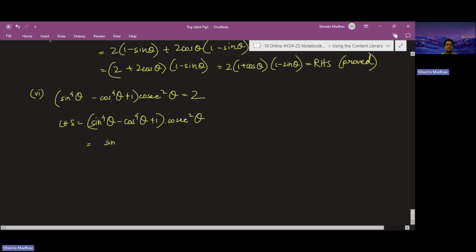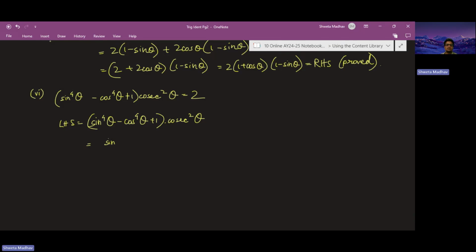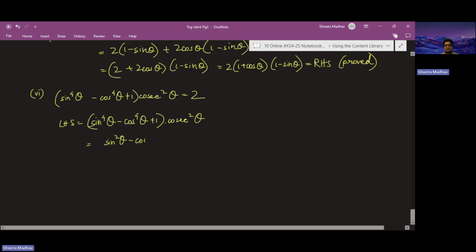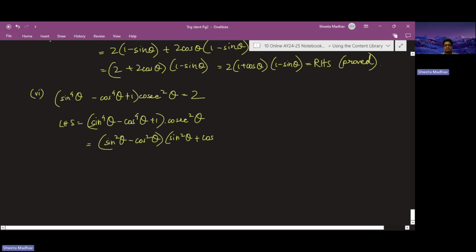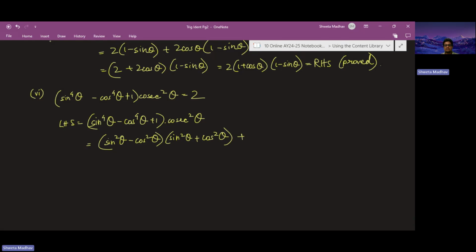You can also write sin power 4 theta minus cos power 4 theta as sin square theta minus cos square theta into sin square theta plus cos square theta, since a square minus b square is a plus b into a minus b, and this plus 1 into 1 by sin square theta. Now sin square theta plus cos square theta will be equal to 1.